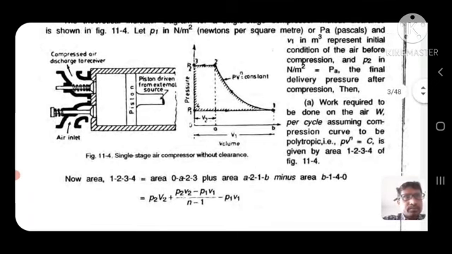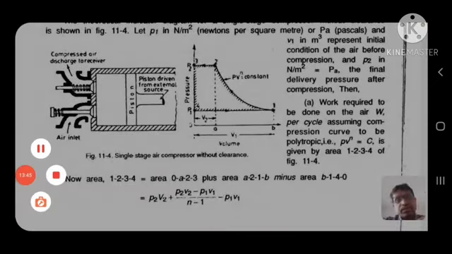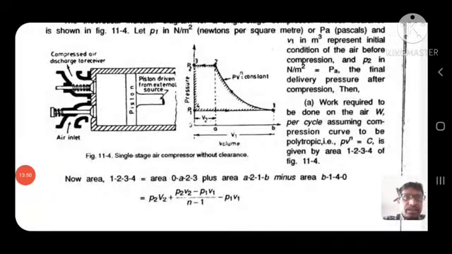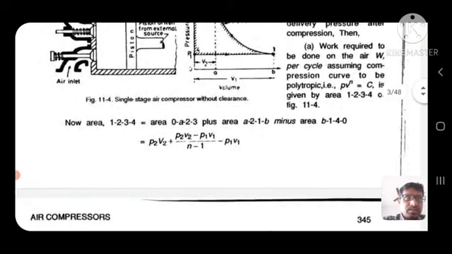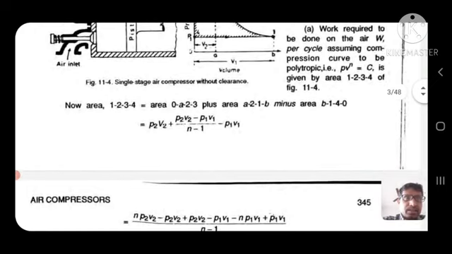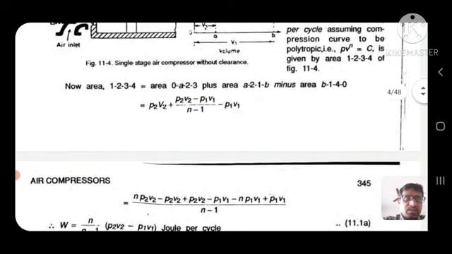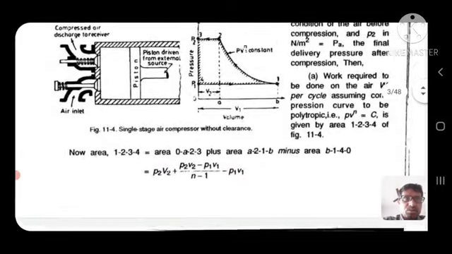Here, the air intake is V1 meter cube at P1 Newton per meter square or Pascal, and the final delivery pressure after compression is P2. Then the work required to be done on the air, W per cycle, assuming the compression curve to be polytropic, Pv^n = constant, is given by the area 1, 2, 3, 4.